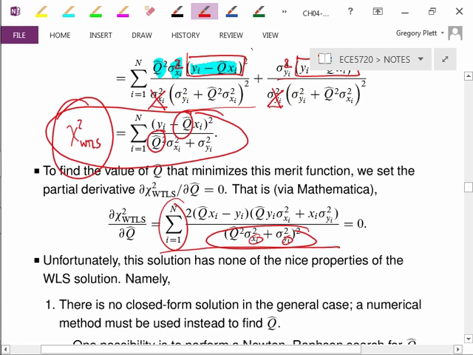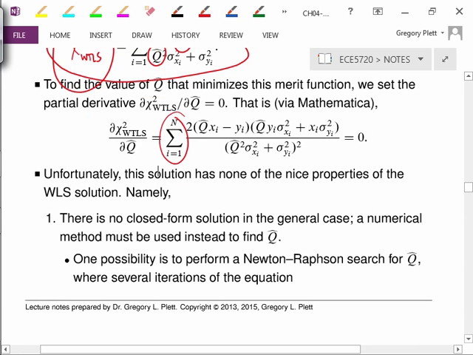So we've lost some nice properties of the weighted least squares solution. And over the next couple pages, we itemize the nice properties we claimed for the weighted least squares solution and how they no longer exist for the weighted total least squares solution. So first, there's no closed form solution. Just doesn't exist. We have to use some numeric method.